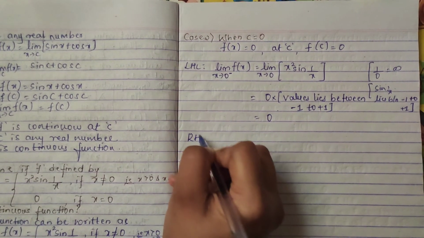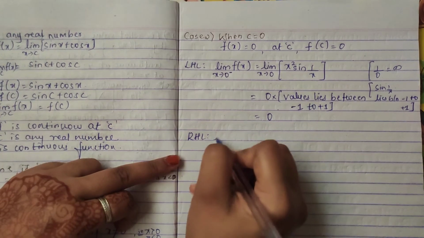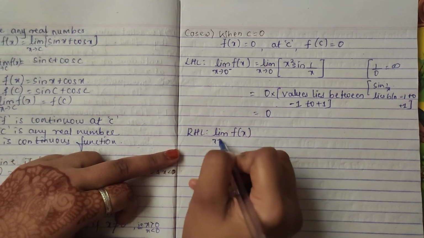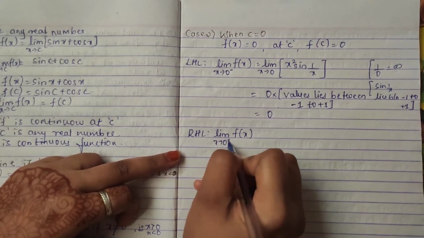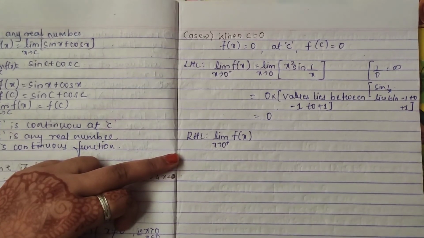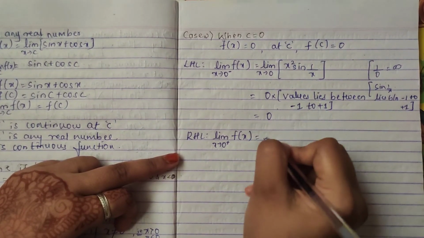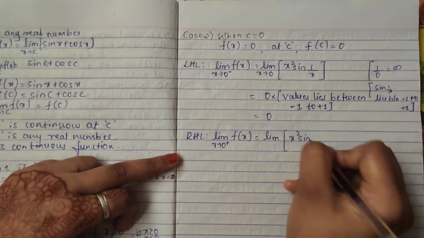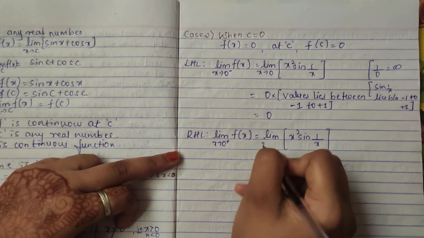Now, I will go for RHL. RHL is what? Limit f of x as x tends to 0 plus. 0 plus means what? It is greater than, and greater than also means our f of x is the same condition, right? So, it is x square sine of 1 by x as x tends to 0.